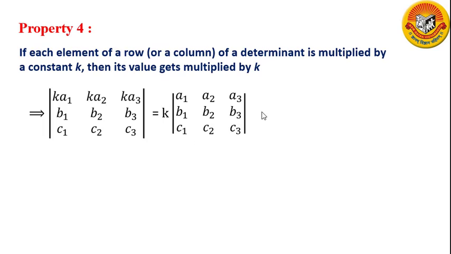Suppose its answer is D. Now if I multiply each element of the first row by a constant, say k, then its value will be k into D, that is, k times this determinant. So if I multiply any row or any column by some constant k, its value gets multiplied by k.